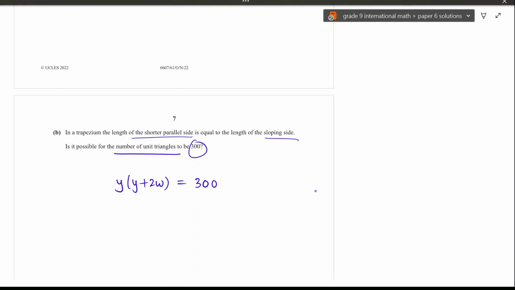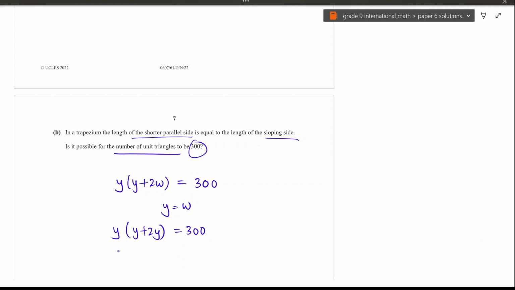Let's say I take Y to be equal to W. I know that Y is equal to W, so let me just replace W with Y. So Y into Y plus 2Y is equal to 300.